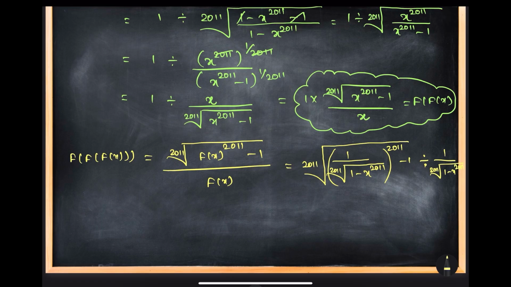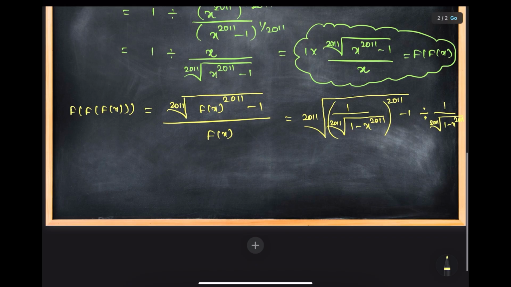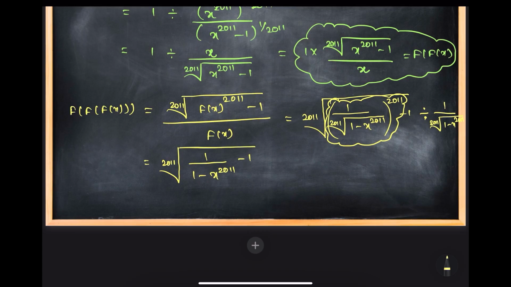So this is the idea. Now look at this component. This thing is carrying power 1 by 2011 to the power 2011. So both things will get neutralized, right? And we will be left with power as 2011, and then we will be left with 1 by 1 minus x power 2011 minus 1, and divide will change into multiply. So it will become the 2011th root of 1 minus x power 2011.